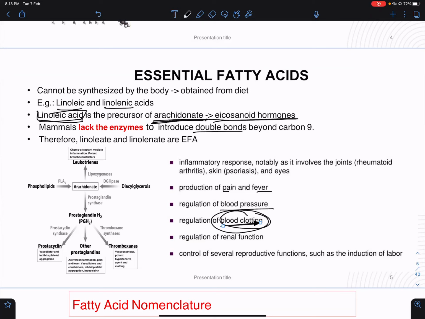This is all part of the healing process. So if the healing process is affected, you're probably talking about blood clotting, which is a main function of these hormones. An important precursor of these hormones, precursor meaning the thing used to make them, is linoleic acid. So if linoleic acid is deficient in her diet, she has a deficiency in these hormones. She's not able to regulate blood clotting normally, or she's going to have inflammatory responses, like skin lesions and rashes. Is it clear now? Yes, thank you.